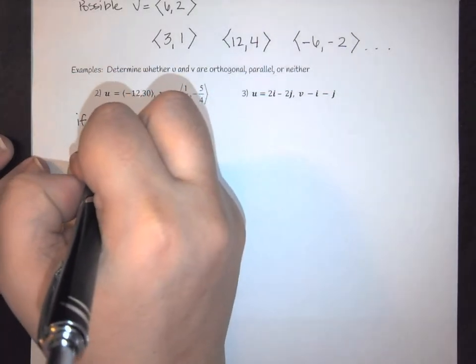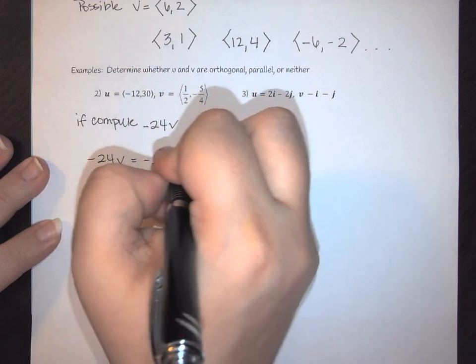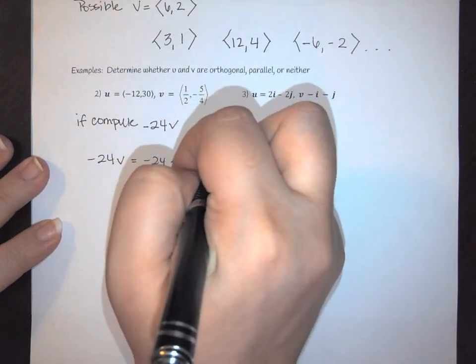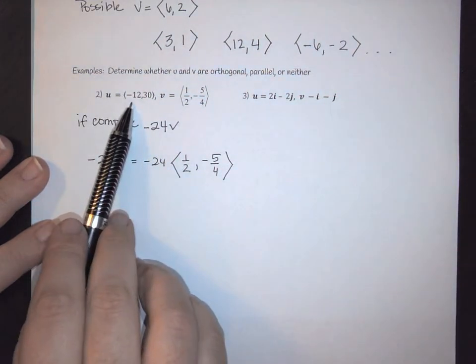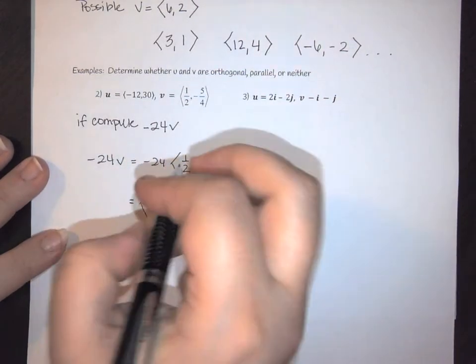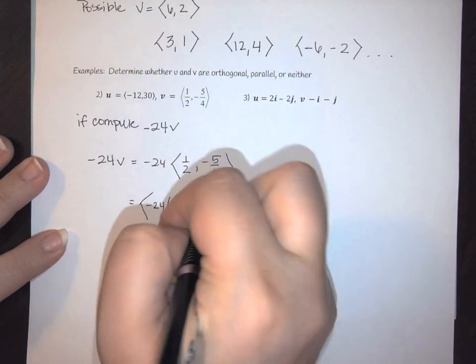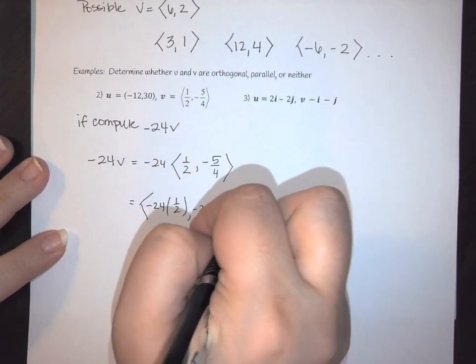So negative 24v is going to be negative 24 times my components 1/2, negative 5/4. And what I'm hoping is that I get negative 12 and 30. So the math says that this would be negative 24 times 1/2 and negative 24 times negative 5/4.